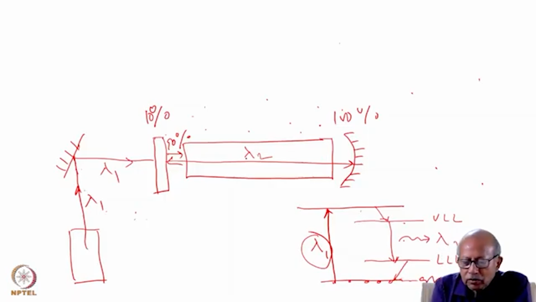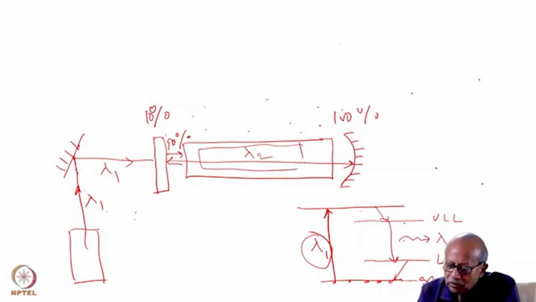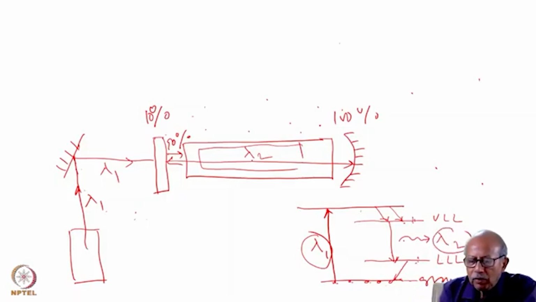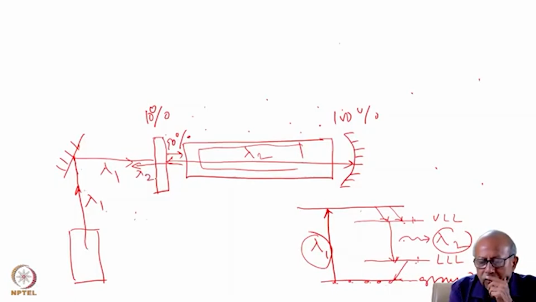So it enters and it pumps. Pumps means it transfers the atoms or molecules from the ground state to the pumped level. And as they relax to this, you attain population inversion. So lasing begins at wavelength lambda 2. So it emits this light at wavelength lambda 2.